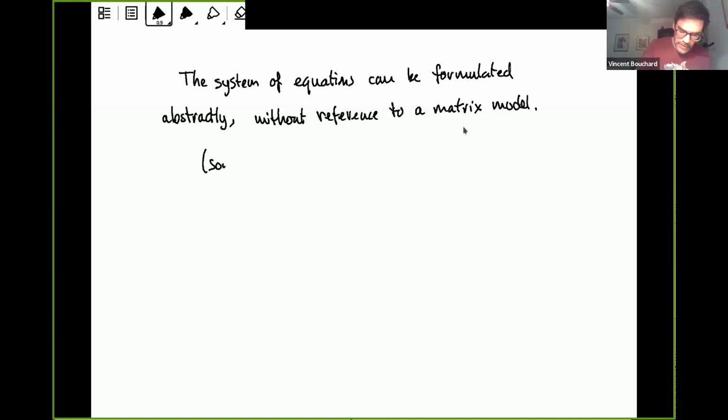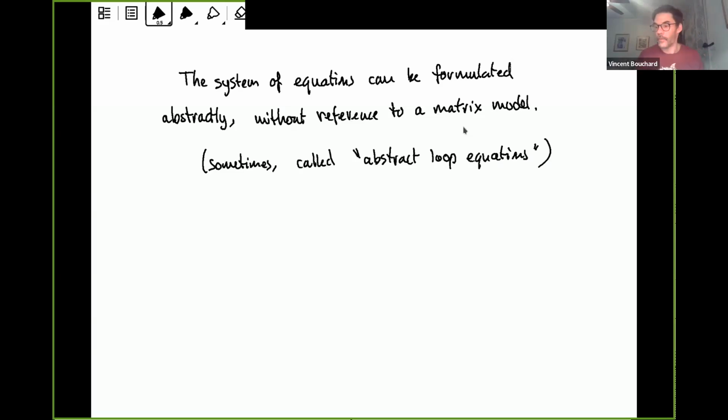So sometimes, in this context, these are called abstract loop equations, just to make it clear that we are not talking about the resolvents of a matrix model necessarily, but for us, we're just going to call them loop equations because I don't want to write abstract everywhere. Okay, but it's basically the system of equations formulated without reference to an underlying matrix model. So what is this system of equations?